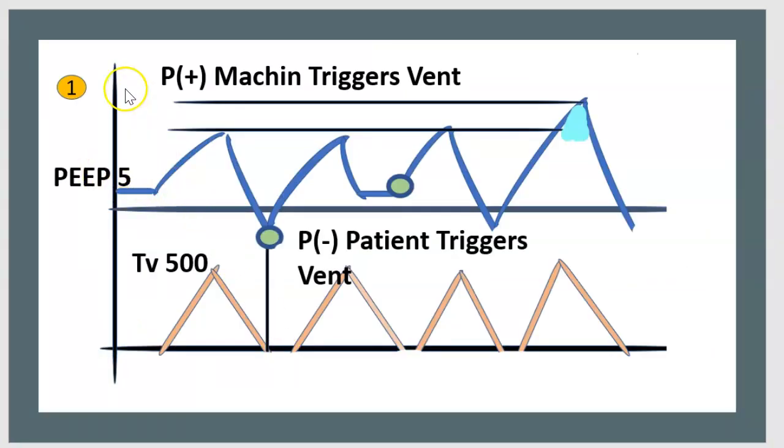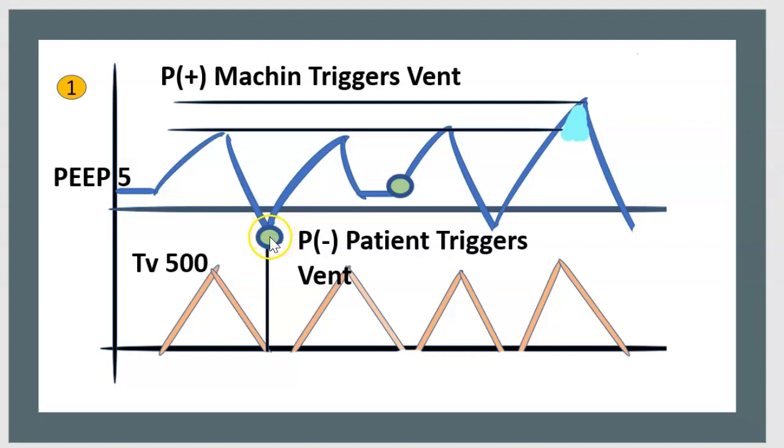In this diagram, here is the pressure, here is the volume. The tidal volume is 500, and PEEP is positive 5 centimeters of water. Inspiration, expiration. Here there is a negative pressure.